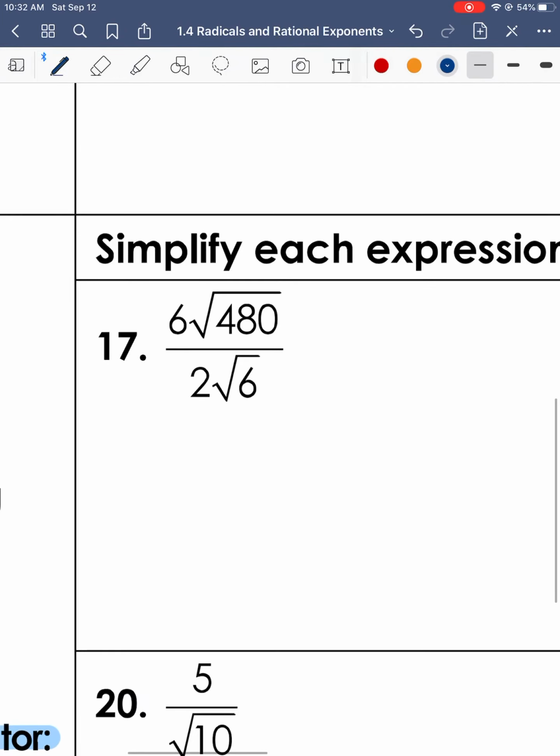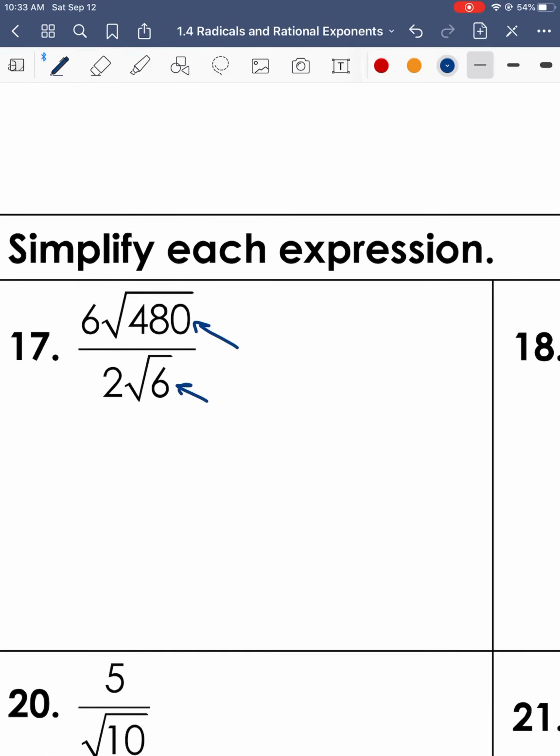Okay, so number 17 here, we have a radical in the denominator and in the numerator. So first we want to see if that can be simplified. Okay, so we are going to just keep this 6 up here. All right, and let's look. So 480 divided by 6 is 80.